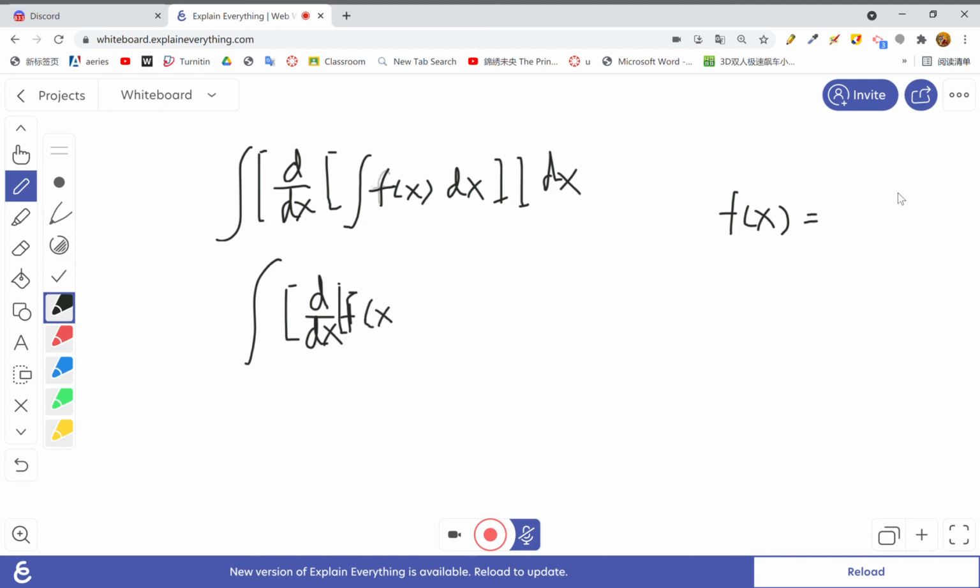Say f of x is basically the derivative of g of x. Then we just find what this is in terms of g of x. The antiderivative of the derivative of g of x is basically equal to the antiderivative of f of x, which is equal to g of x.